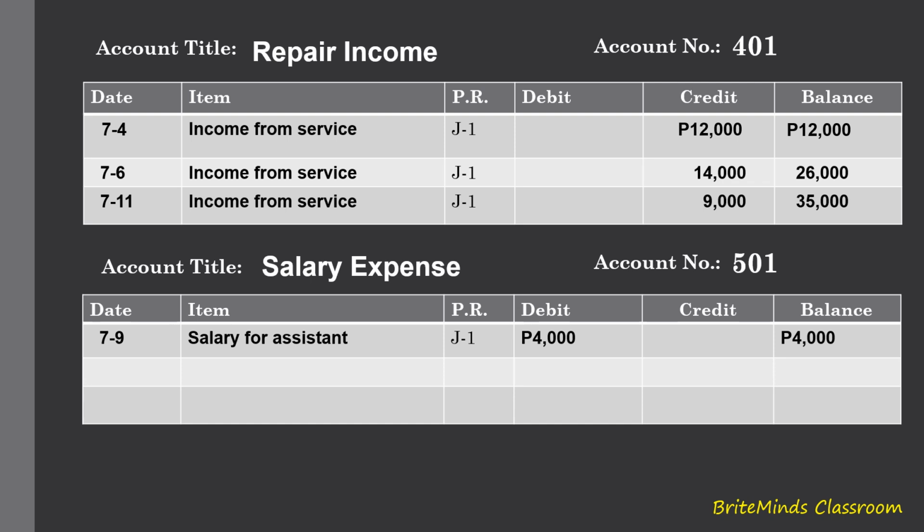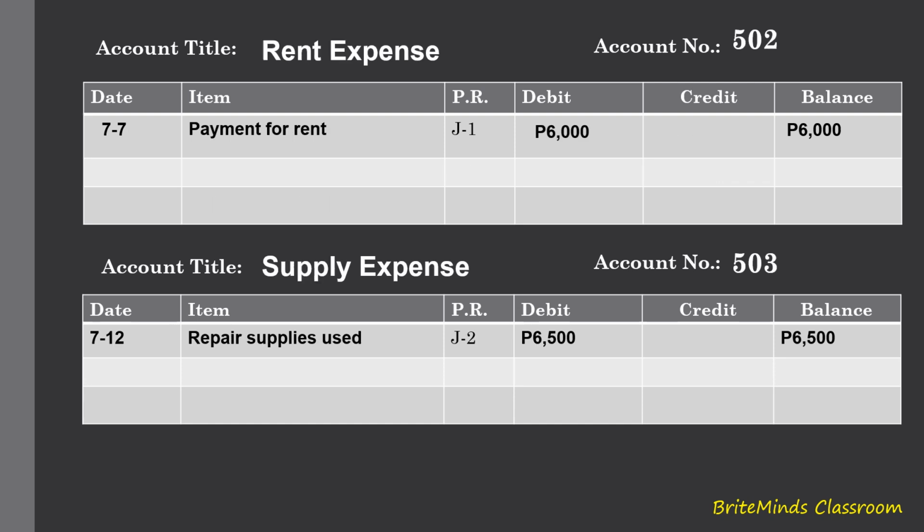And then for the repair income, the account number is 401, for the salary expense, we assigned 501, for the rent expense, 502, and for the supply expense, 503.